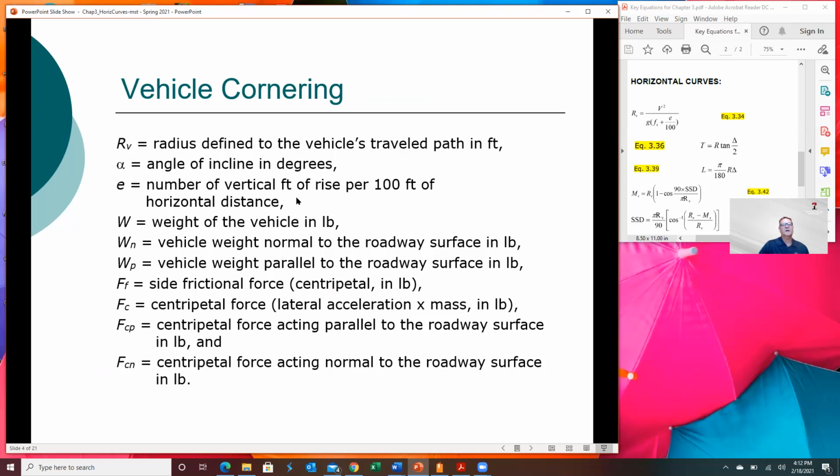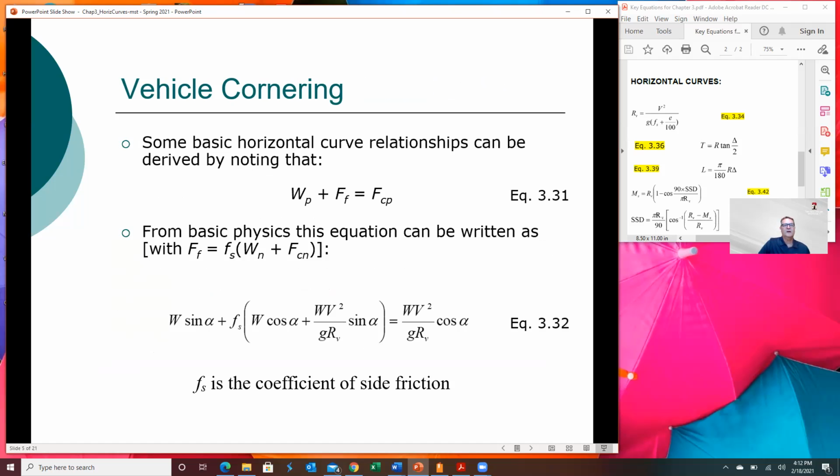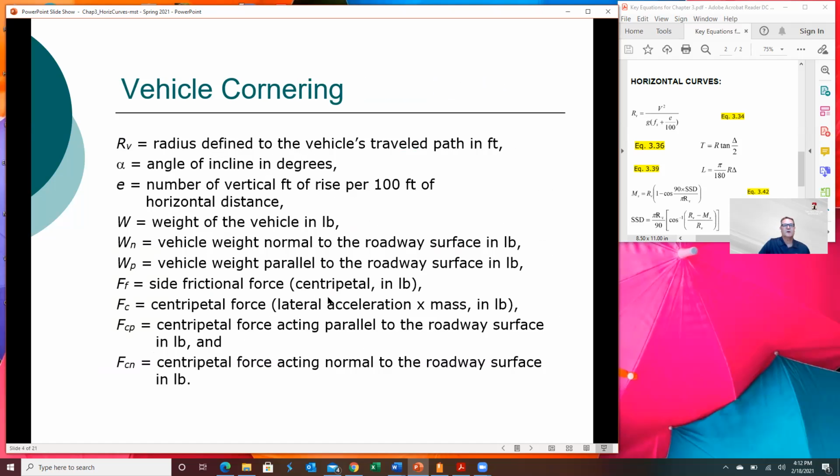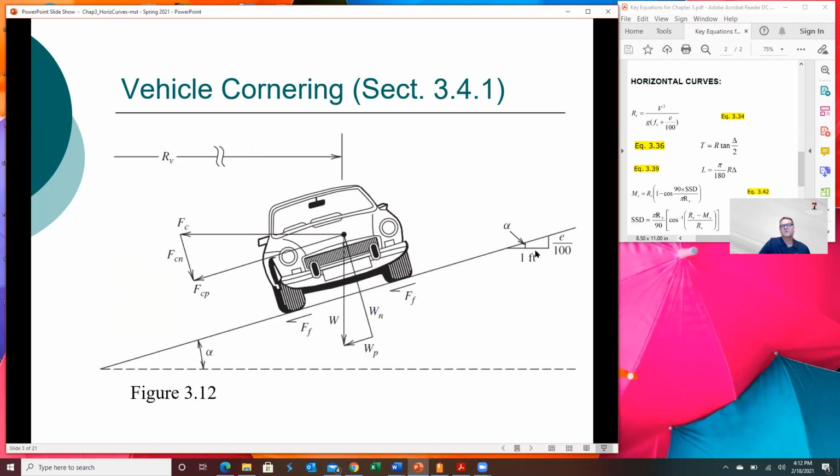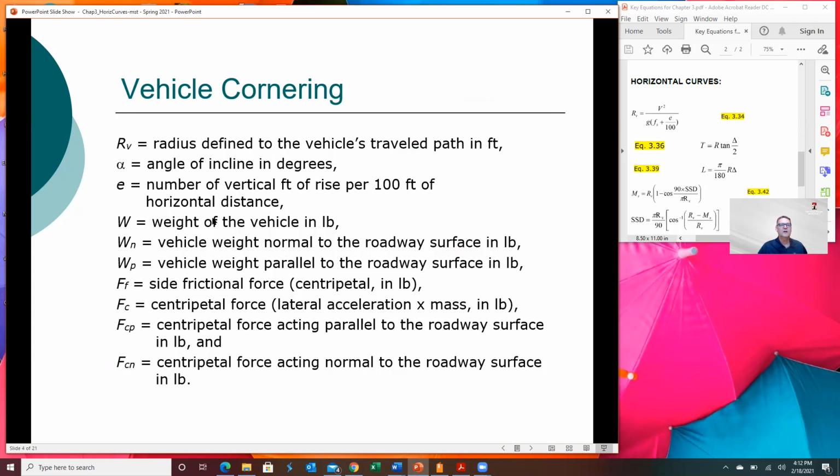It's basically the grade, like in vertical curves when we said it's a 2% grade. Here, for example, if whatever angle corresponds to a 2-foot rise over a 100-foot run, E, the super elevation, is said to be 2%. So that's the value of E.